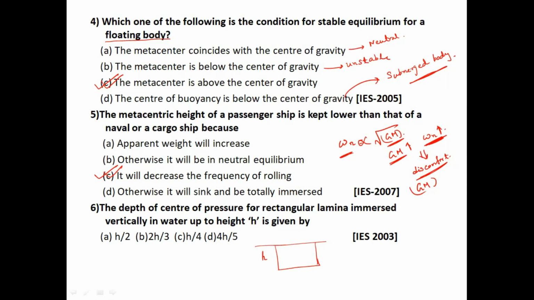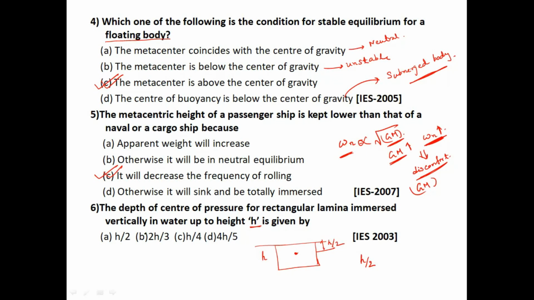The depth of the center of pressure is asked. So the centroid is at h by 2, no doubt about it. It is immersed to height h, so the centroid is at h by 2.